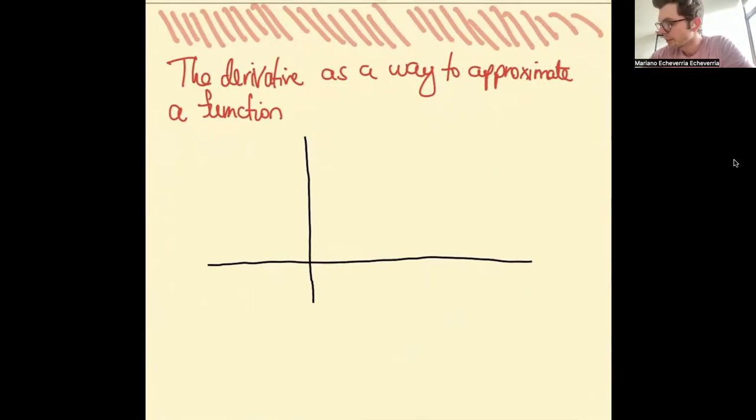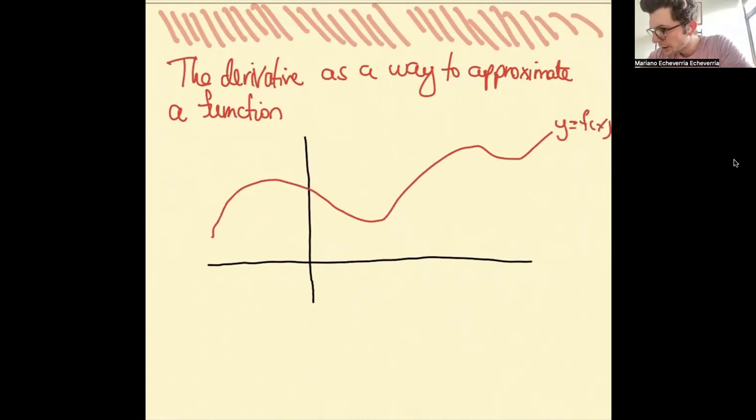If you remember, the graph of a function looks like a curve. Let me draw it a slightly different way. So this is the graph of a function. Maybe here's the value x, which has a corresponding value f of x, right?